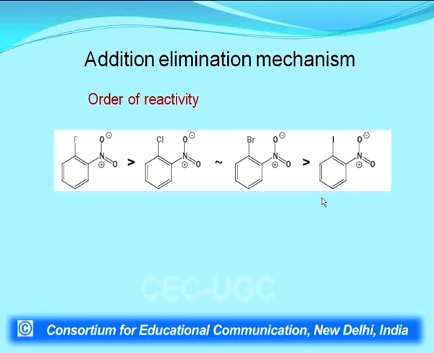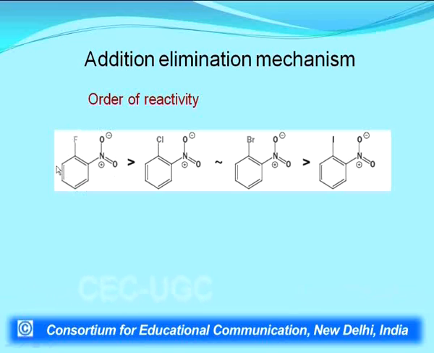And this order is opposite to what we had discussed for SN2 mechanism in case of different alkyl halides. There we find that iodide is a better leaving group because it is forming the longest and the weakest carbon iodine bond. So, here also the same situation is there, but still we find that this reaction with the fluoro derivative occurs at a very fast rate.